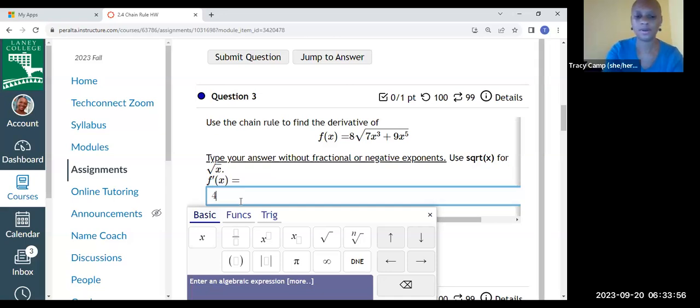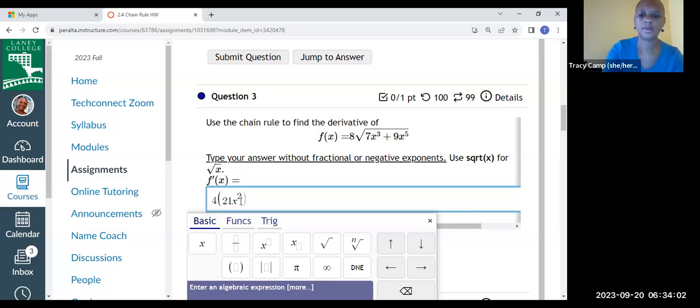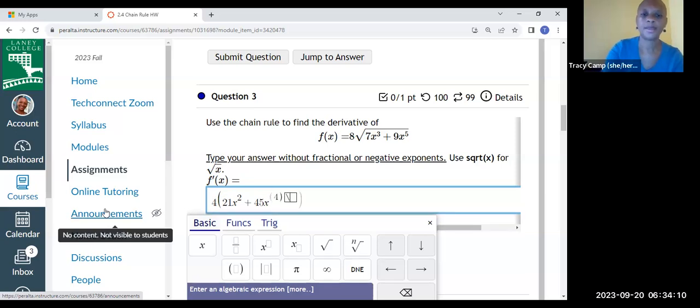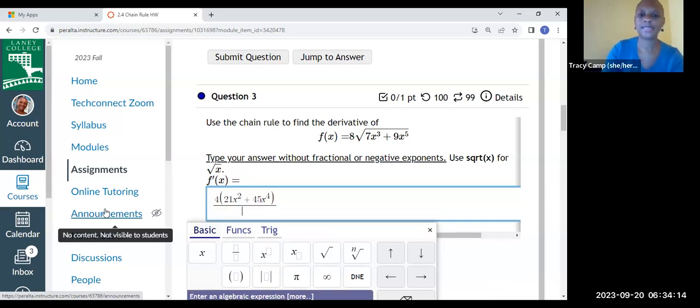So 4(21x squared plus 45x to the 4th). Oh, that's how I ended up with the parentheses before.